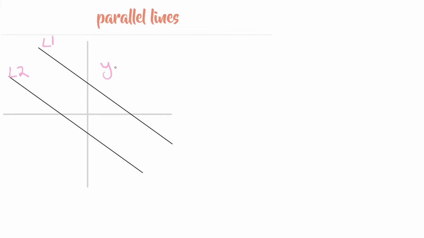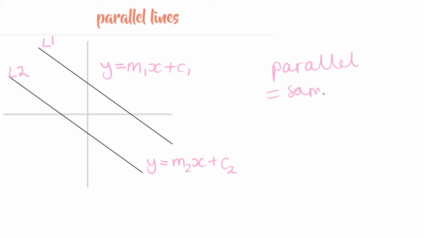We'll write the equations as well. So y equals mx plus c is our general equation of a line, but we're going to call this y equals m1x plus c1, and y equals m2x plus c2, just to be able to tell the difference between the two. Now, parallel lines have the same gradient.